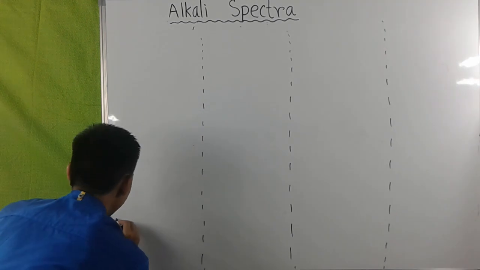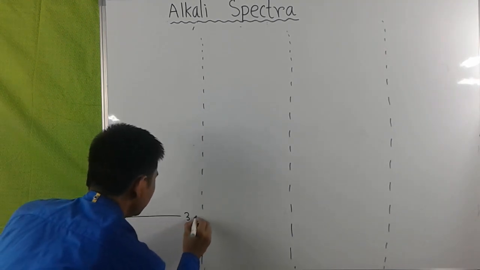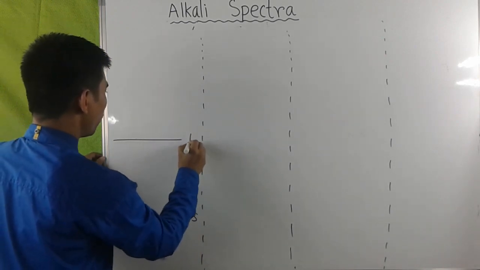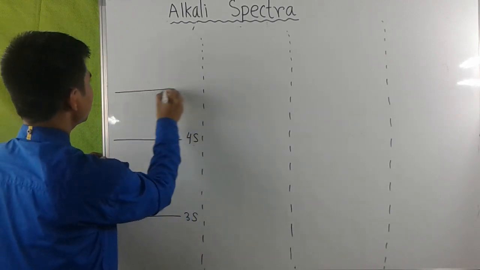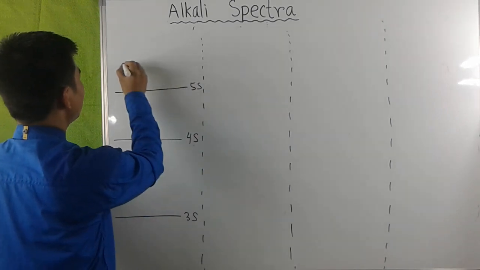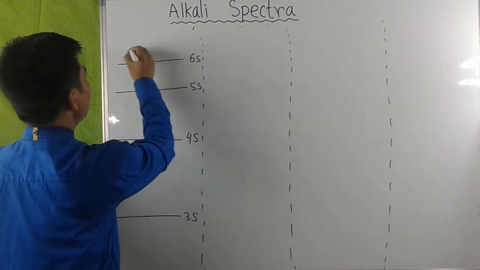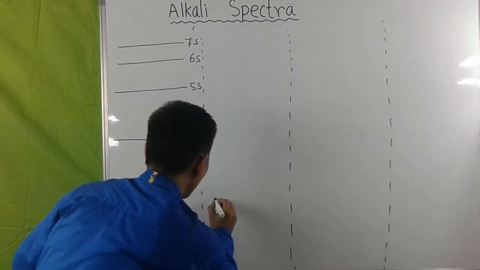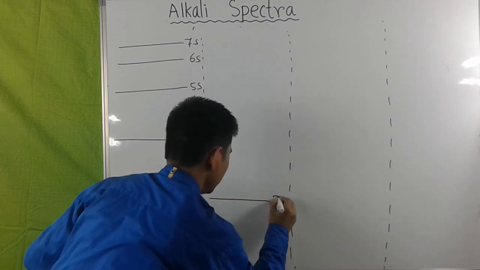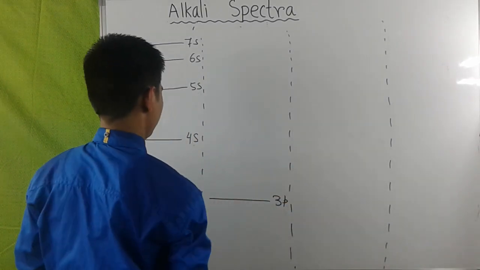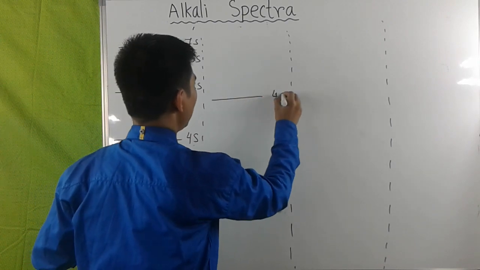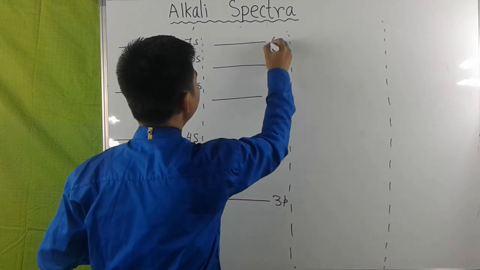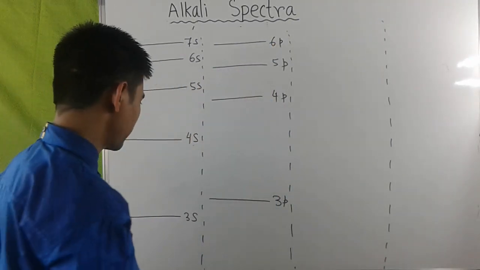Suppose this is the 3s level, this is the 4s level, this is the 5s level, this is the 6s level, and this is the 7s level. Now suppose this is the 3p level, this is the 4p level, this is the 5p level, and this is the 6p level.